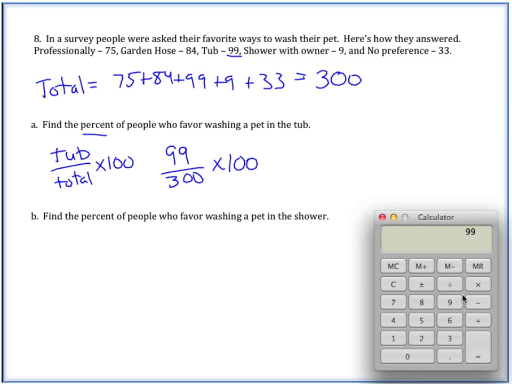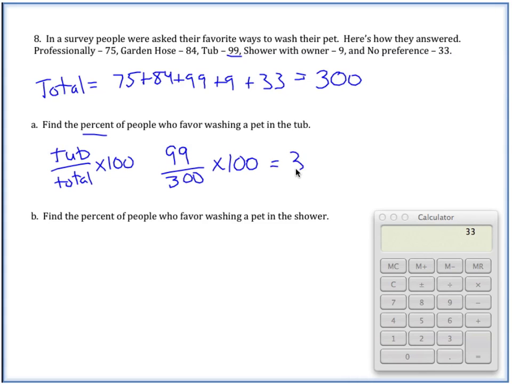So 99 divided by 300, and then times 100, and we get 33%. So 33% of people favor washing their pet in a tub.